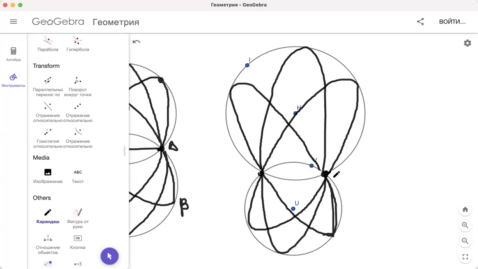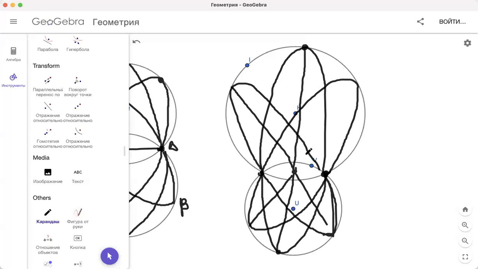For example, you can prove that if you connect tangency points, so you draw a line passing through these tangency points, all these lines are concurrent.